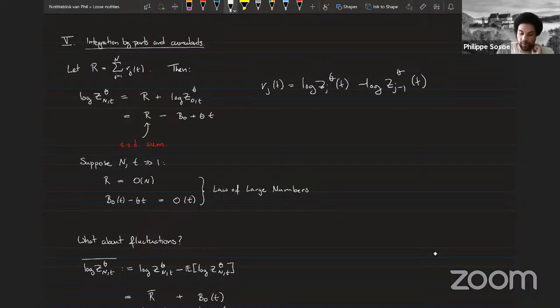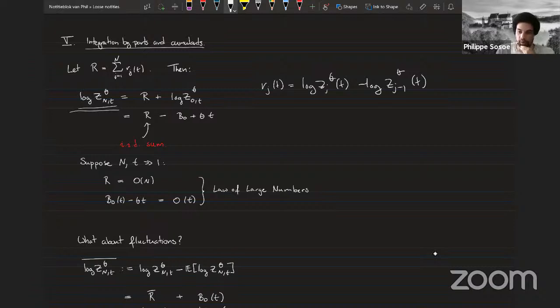Remember that when j is equal to 0, we defined log of Z_0(theta, t) by b0(t) minus theta t. So the partition function that we're interested in, the one that conjecturally has variance of size n to the 2/3, fluctuations of size n to the 1/3, can be written as a sum of these IID Rj's minus b0(t) plus theta t.